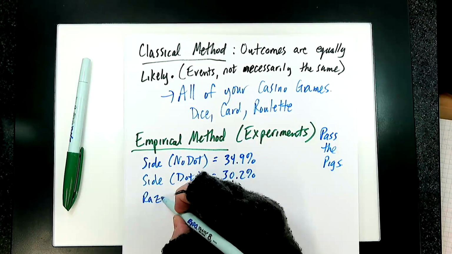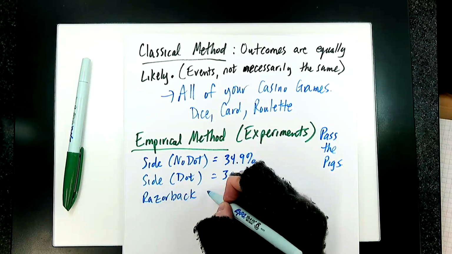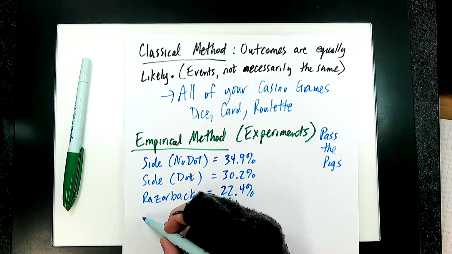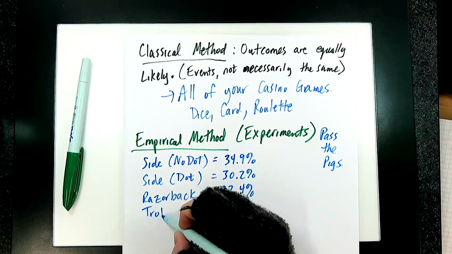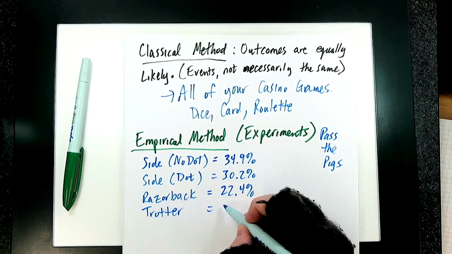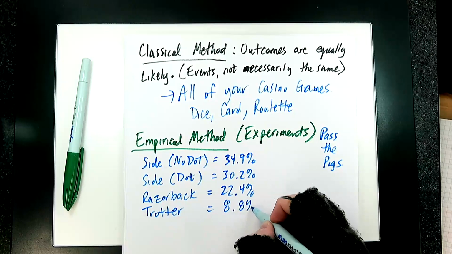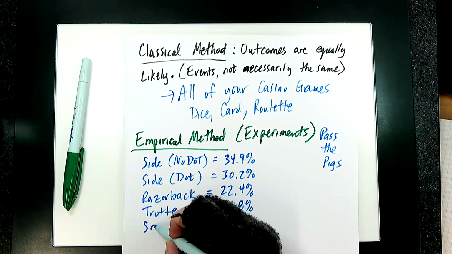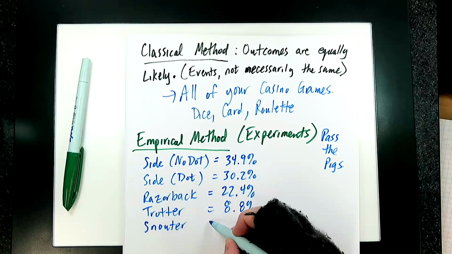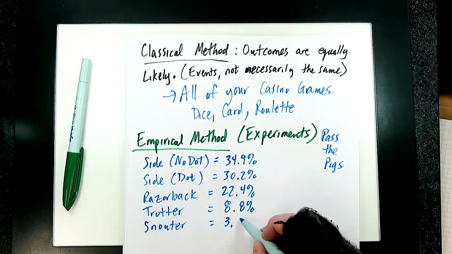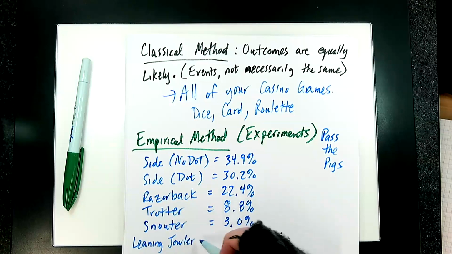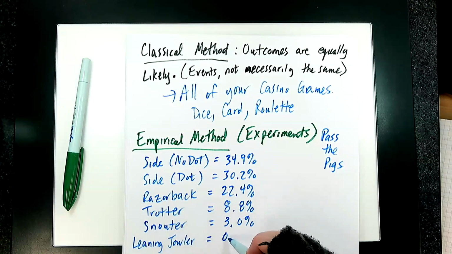Razorback is 22.4%. Trotter is 8.8%. Snouter is 3.0%. And the leaning jowler is 0.61%.